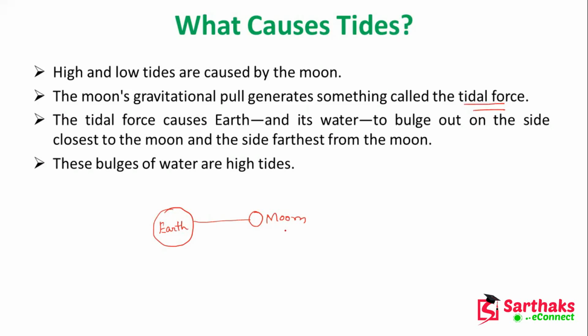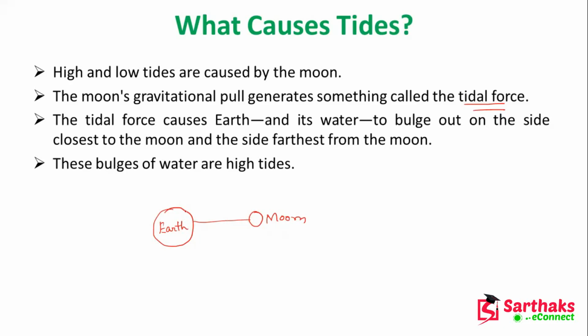So the tidal force causes the earth and its water to bulge out on the side closest to the moon. And the other side, that is farthest from the moon, has no bulge. So these bulges of water are high tides. So what you can see, suppose this is the position and this is the moon.